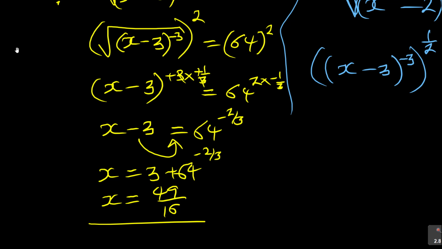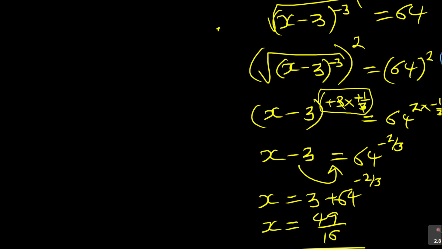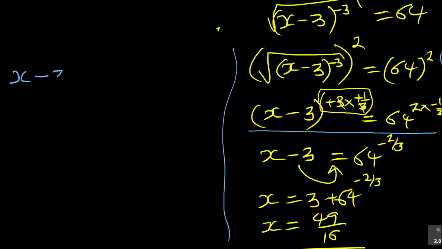Let's leave it. I think the error will be on my negative, multiplying by that negative and simplifying that. I could have done it like this. Maybe I violated some rules here, I think. So let's take it from here to say x minus 3 to the power -3 is equal to 64 squared.